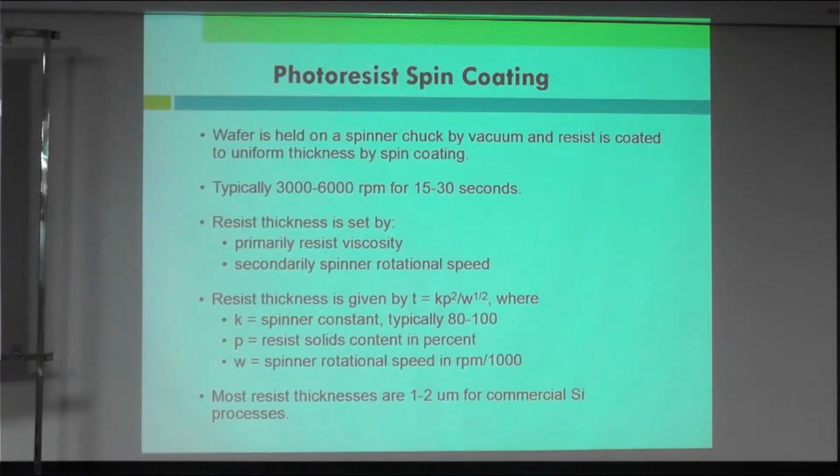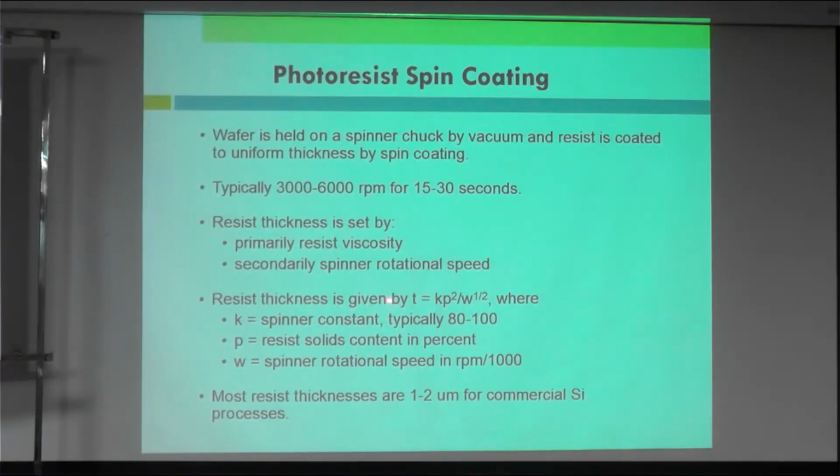If you want a lower thickness, which means thin films, you might want a higher spin RPM. So resist thickness is set primarily by resist viscosity and secondarily by spinner rotational speed. This is what I have explained.